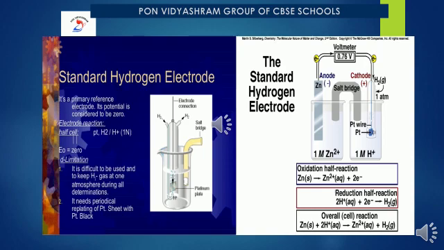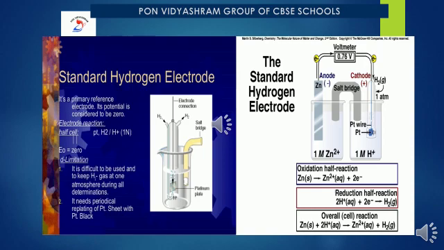In the oxidation half cell reaction, zinc will be donating electrons, so it will be converted into Zn2 plus, whereas on the right hand side, in the hydrogen half cell, H plus will be absorbing those electrons and converted into hydrogen gas. So, the overall reaction will be zinc reacting with H plus to give Zn2 plus and H2.